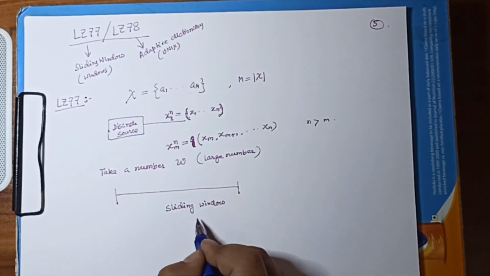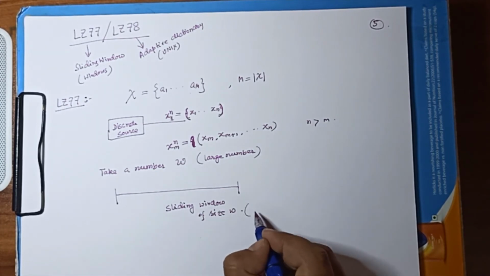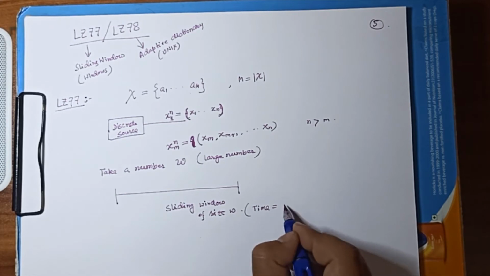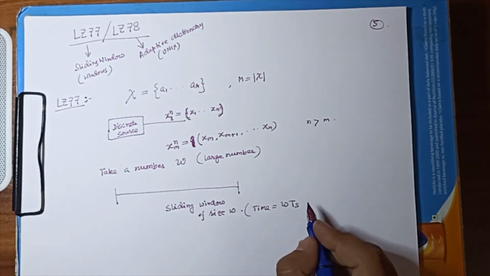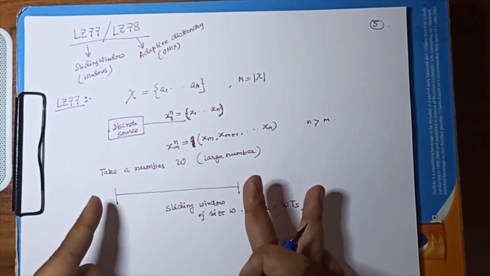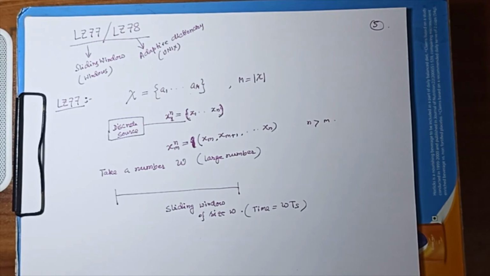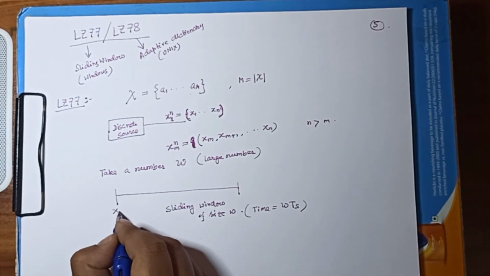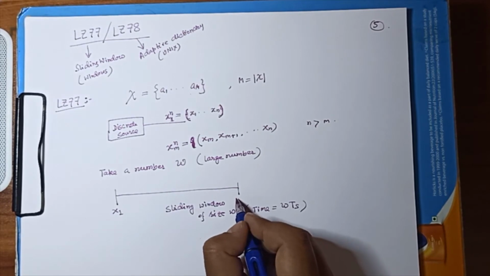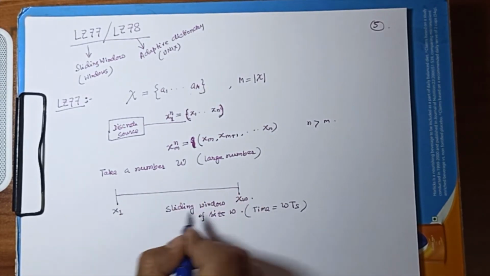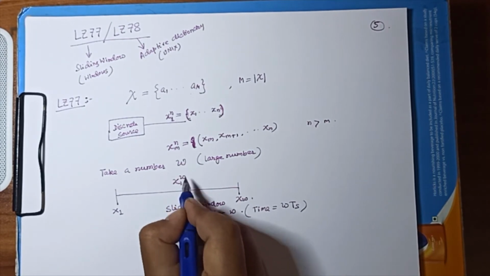That means for time, the time is basically w into ts, if ts is for every symbol, such that w symbols are contained within that sliding window. If I start from say x1, this sliding window will go up to xw, and I can say that this entire sequence is basically x1w.